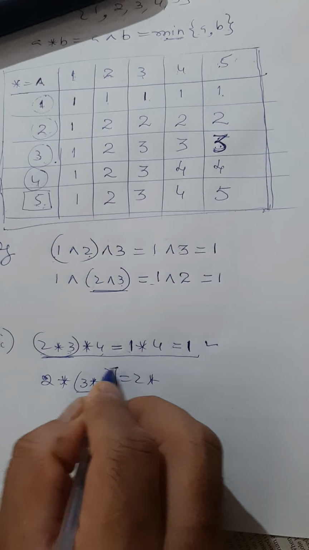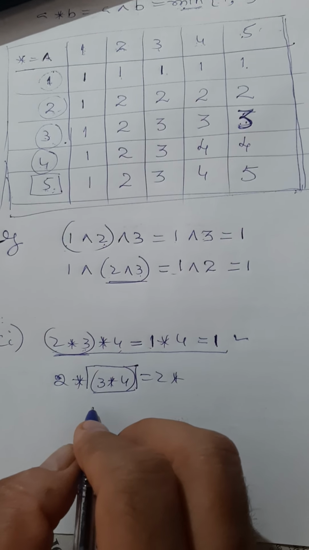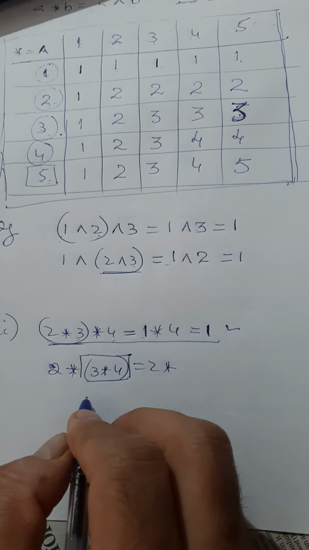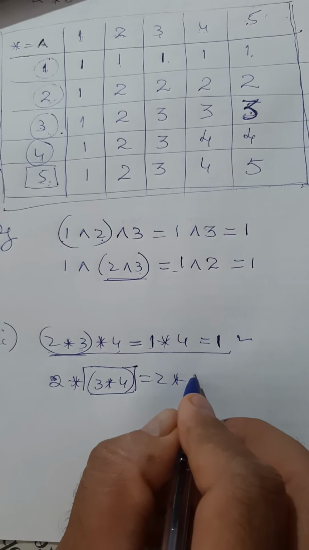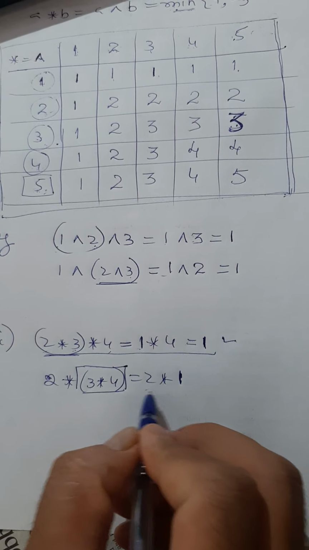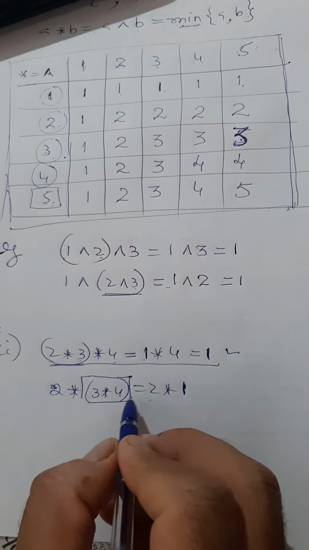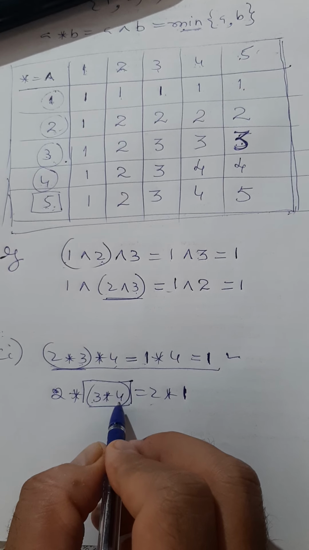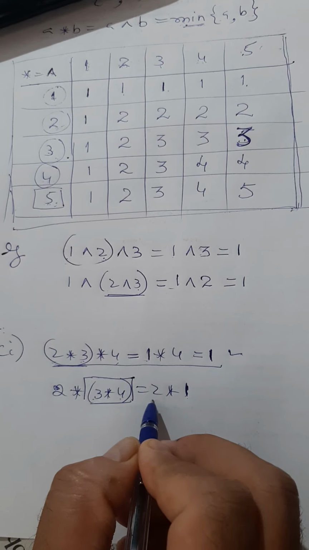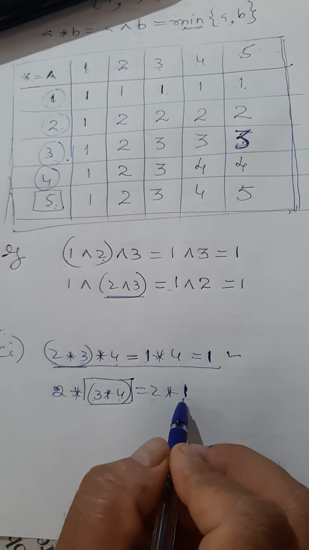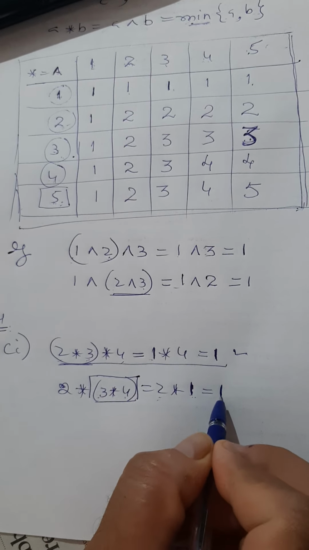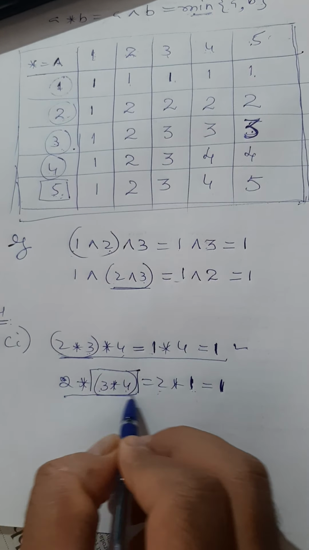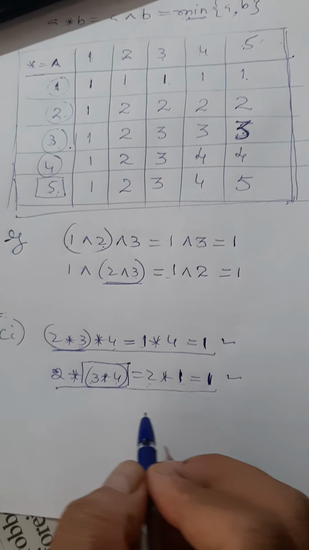What is 3 asterisk 4? You go to the table and see 3 asterisk 4 is 1. Now 2 asterisk 1, if you go to the table, is 1. So both the expressions have the same value.